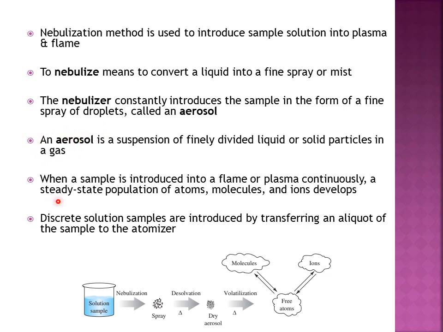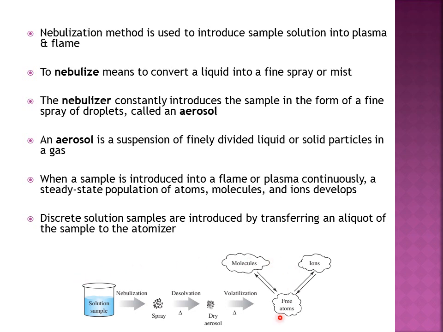Now when a sample is introduced into a flame or plasma continuously, a steady state population of atoms, molecules and ions develops. I will explain it right now in the figure given below. When we use discrete solution samples, samples are introduced by transference of an aliquot of the sample to the atomizer. Means a fixed amount of sample is introduced into the atomizer, as I mentioned earlier.